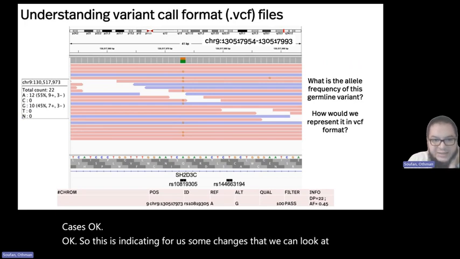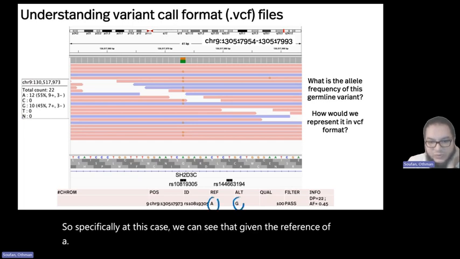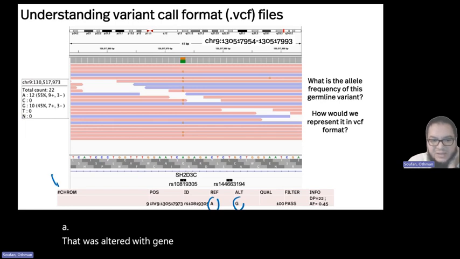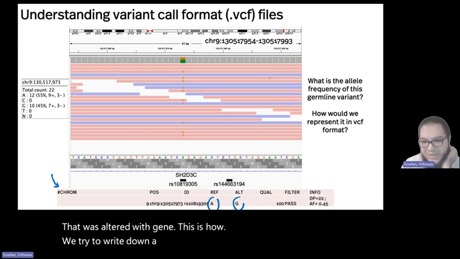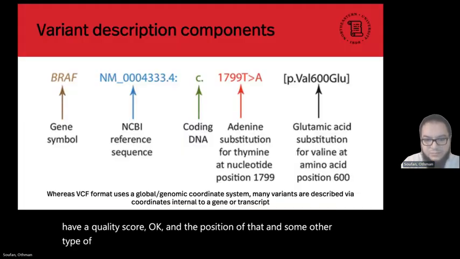So specifically in this case, given a reference of A that was altered to G, this is how we write down or represent this in the VCF format. We will have a quality score and the position of that and some other type of information.